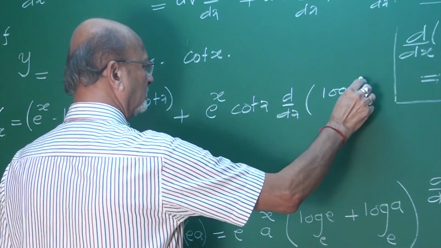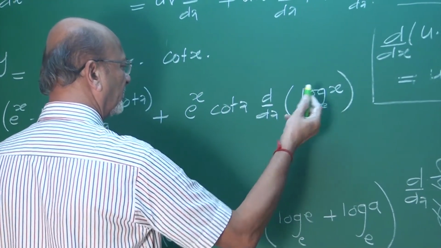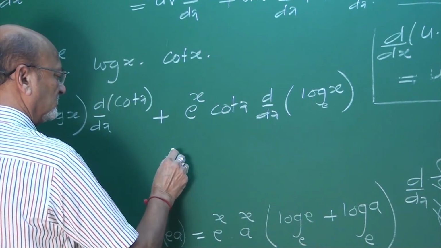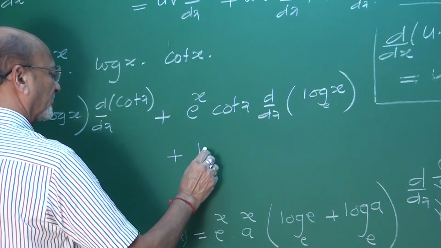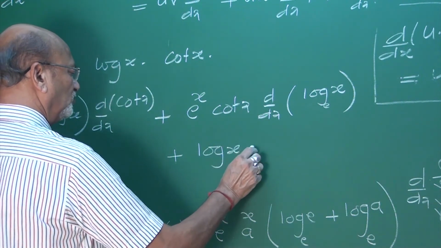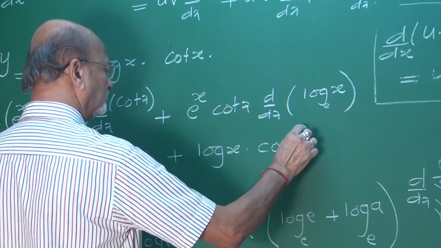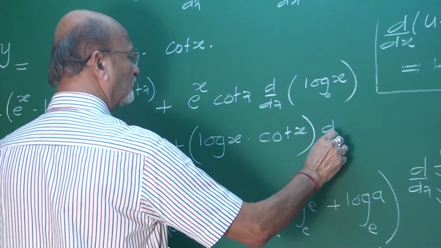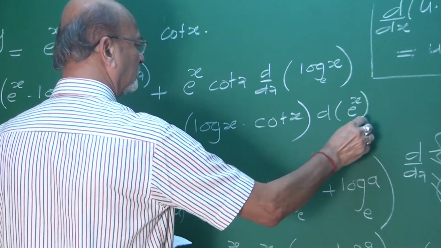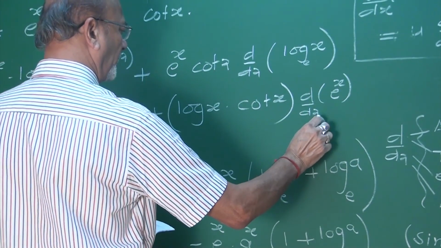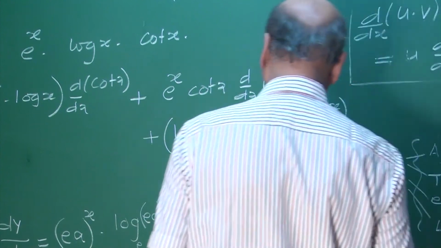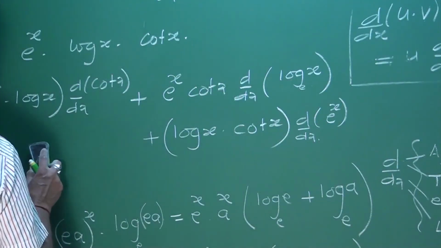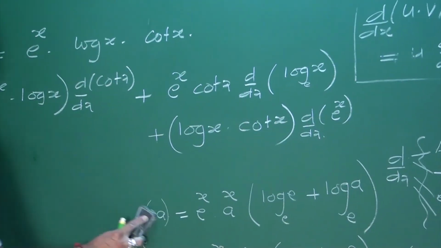It is log x to the base e, my friends, when the base is not given. Next, last two as it is. Last two means log x into cot x into derivative of e to the power x with respect to x. Yes, friend. Write their derivatives.